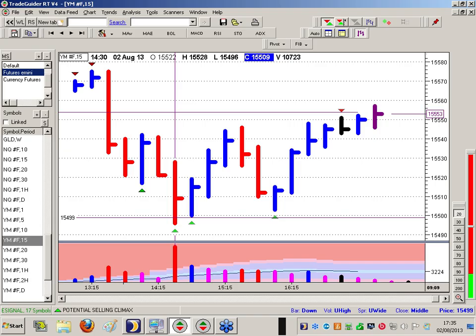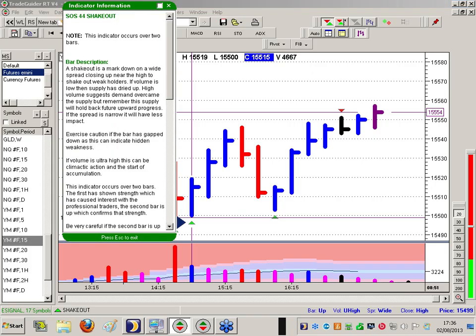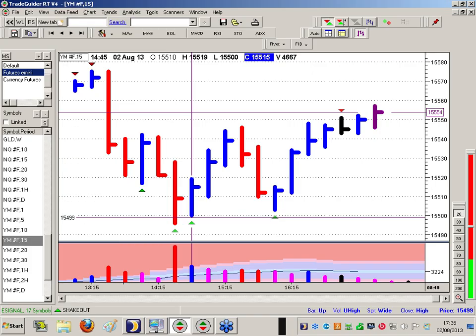And the professional money step in and absorb their selling, and that's what gives the high volume, high activity, and that close in the middle produces the signal. And even next bar looks up, responding to that, and there's a signal on that. That's probably a shakeout, look.